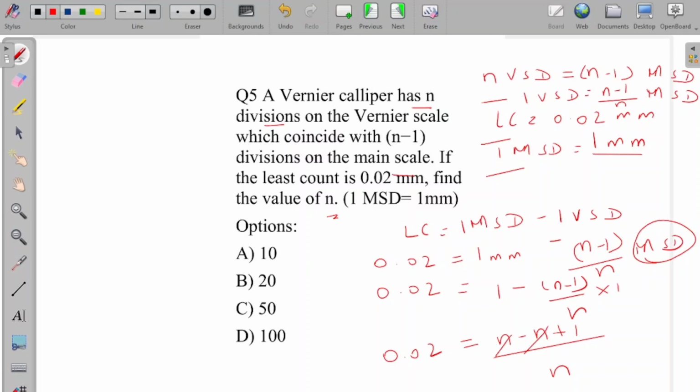Now this cancels out and this is equal to 1 upon n, and hence we get n is equal to 1 upon 0.02. And 0.02, when we simplify, becomes 100 upon 2, and this gives us 50 as our answer. So option number C is correct.